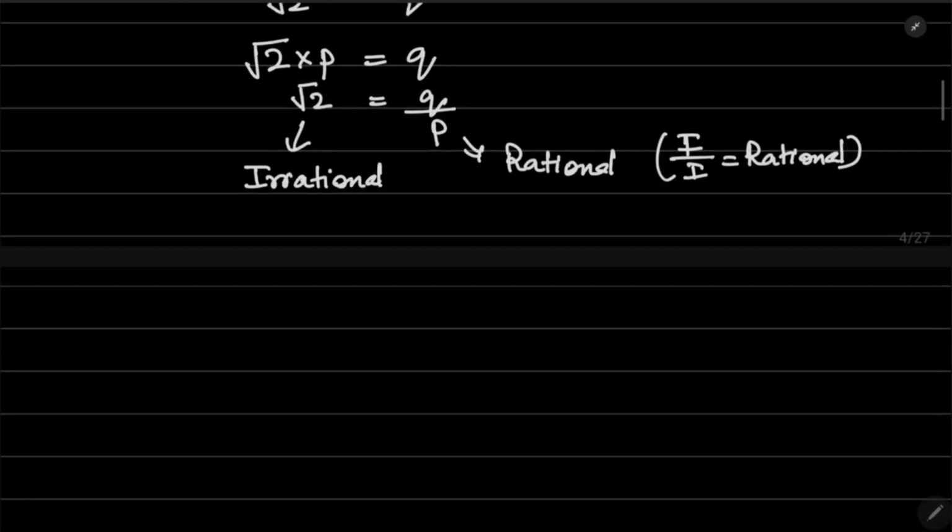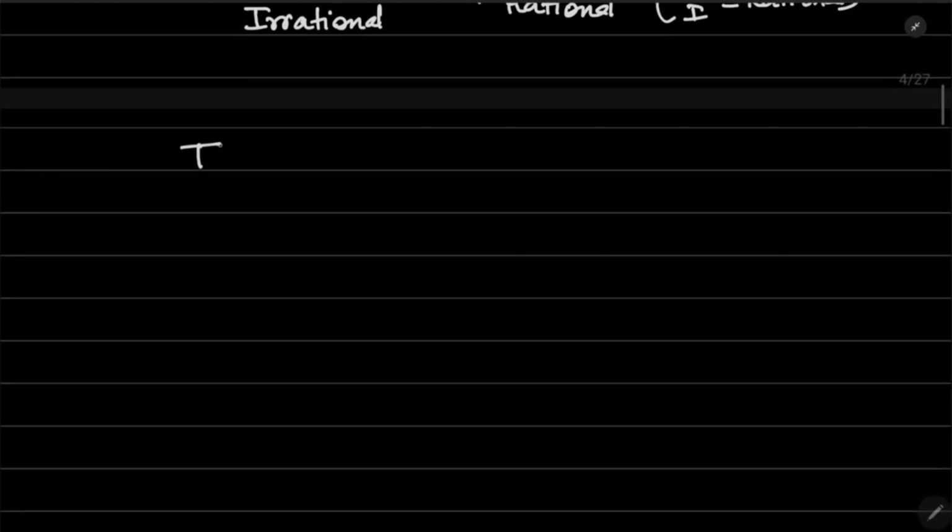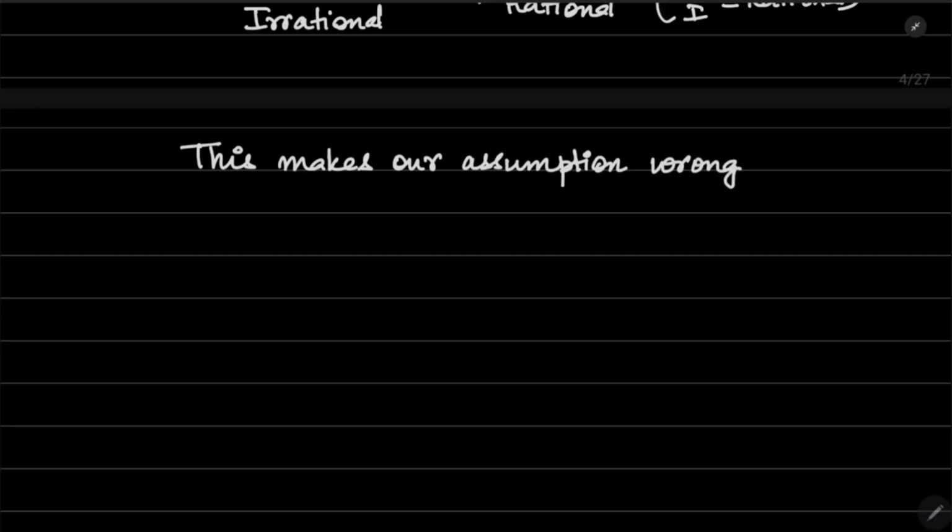This is not possible, right? So this makes our assumption wrong. Therefore, 1 over root 2 is irrational. Hence proved.